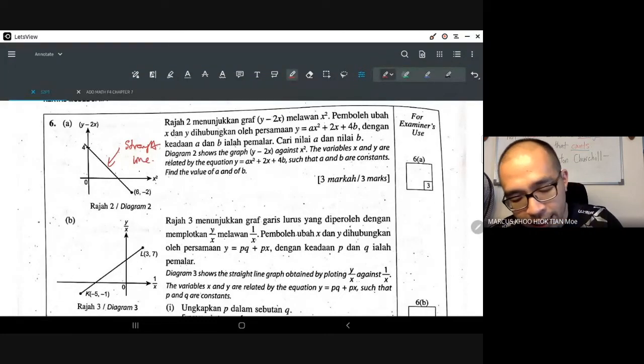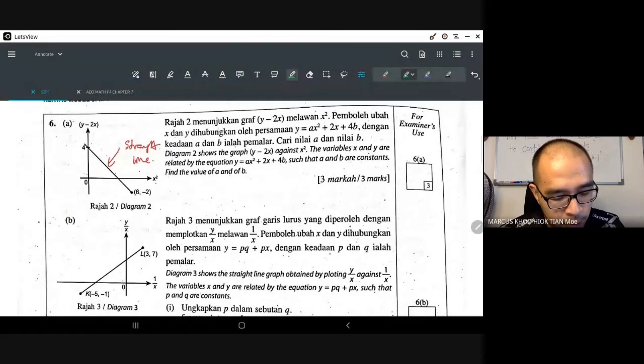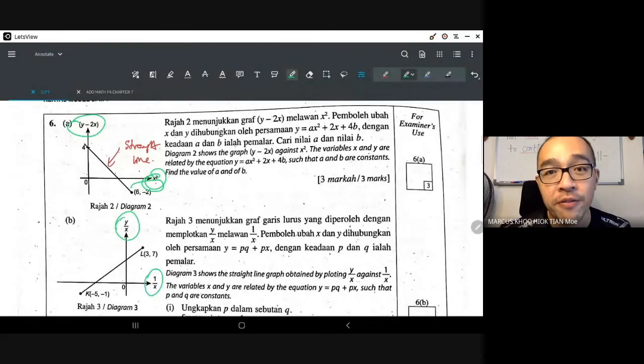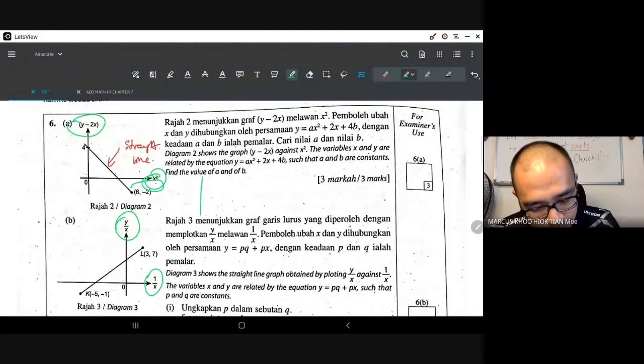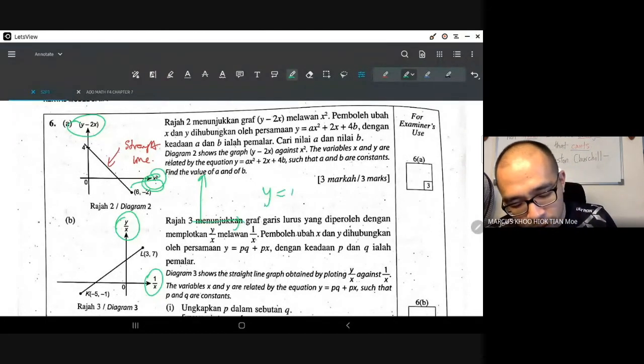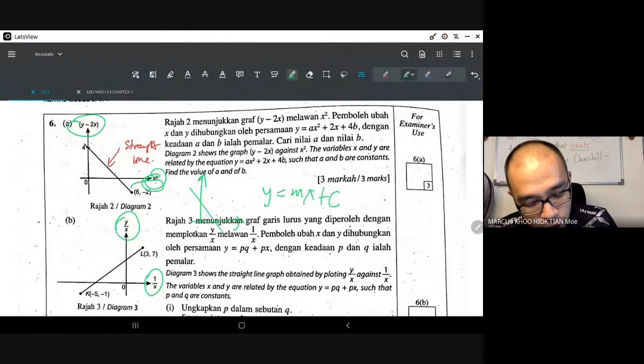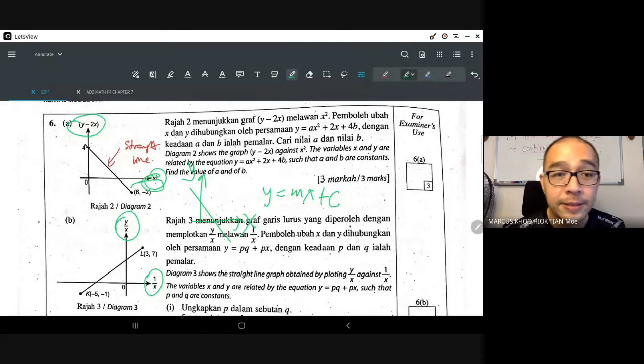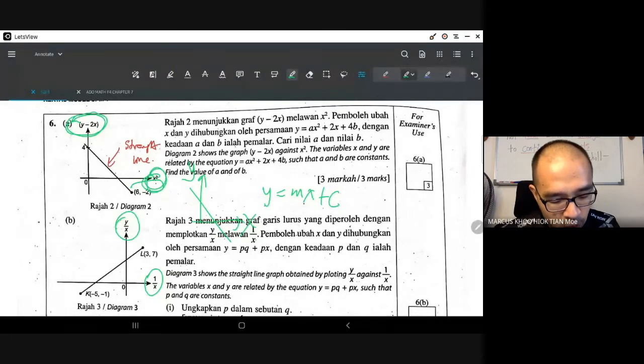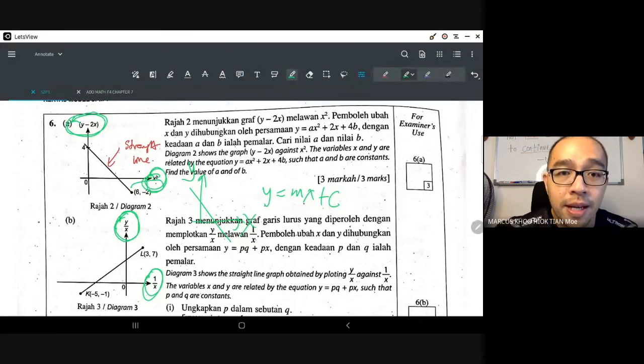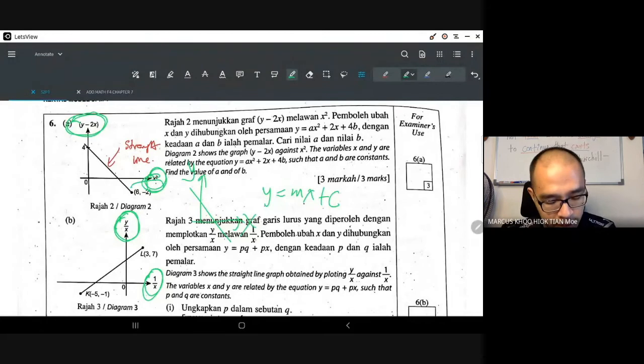And the second and the biggest giveaway is the axes are all very weird. Because normal straight lines, with y equals to mx plus c, are literally y-axis and x-axis. But in this chapter, y minus 2x against x squared, y over x against 1 over x, you know there is linear law.